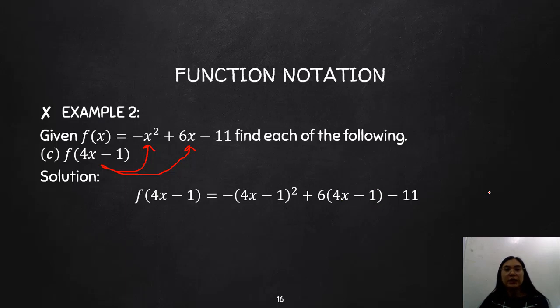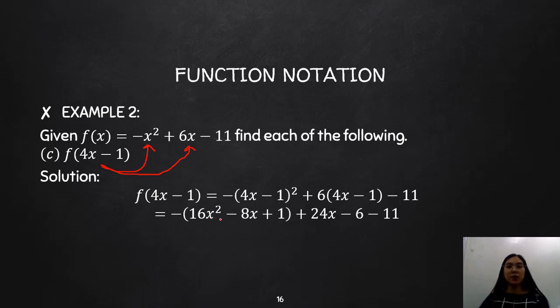Of course, we try to simplify our equation such that we have negative the quantity 16x squared minus 8x plus 1 plus 24x minus 6... sorry, dapat may x dyan, or wala pala, sorry. Wait lang, let me just erase that. Okay.